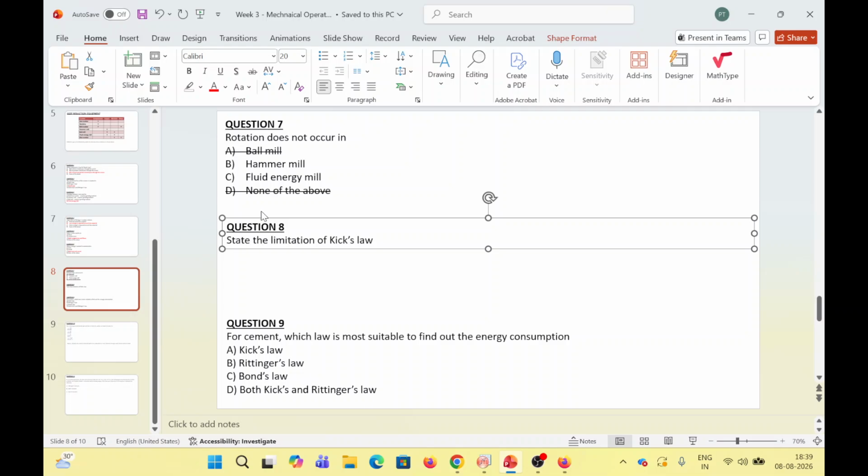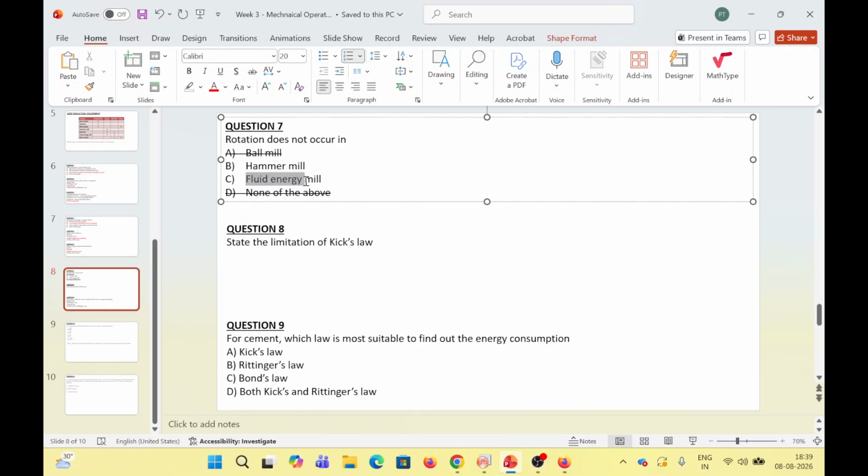Because the fluid is going to cause the particles to break. It's not going to be any sort of rotation or any other force. So fluid energy mill is the answer.